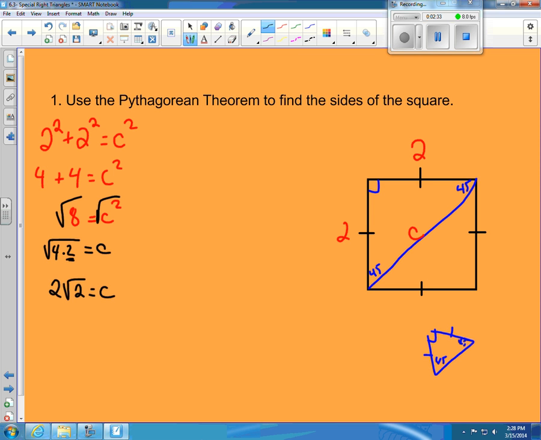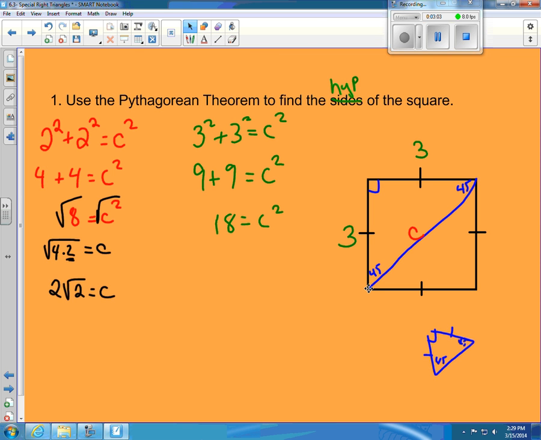Now, I just want you guys to watch this. I'm going to try it again. But now I'm going to change my side lengths. Just watch. You don't need to write this. I'm going to change it to 3. Again, I'm going to find the hypotenuse of the square. 3 squared plus 3 squared equals c squared. 3 squared gives us 9 and 9, so we get 18 equals c squared.